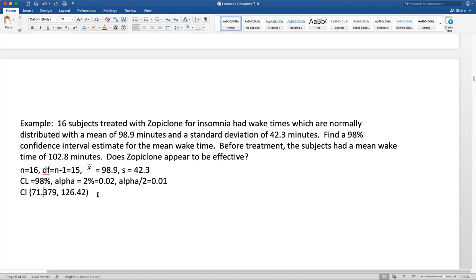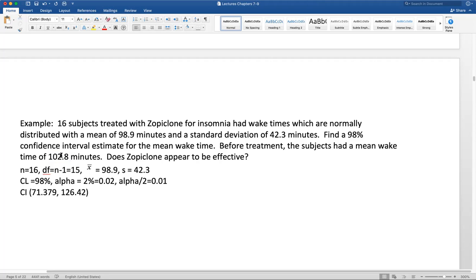So the key point is that this is a confidence interval. It means we are confident that the population mean wake time after treatment with Jupyter is in there. But the problem says that before treatment the subjects had a mean wake time of 102.8, the sample mean before treatment.